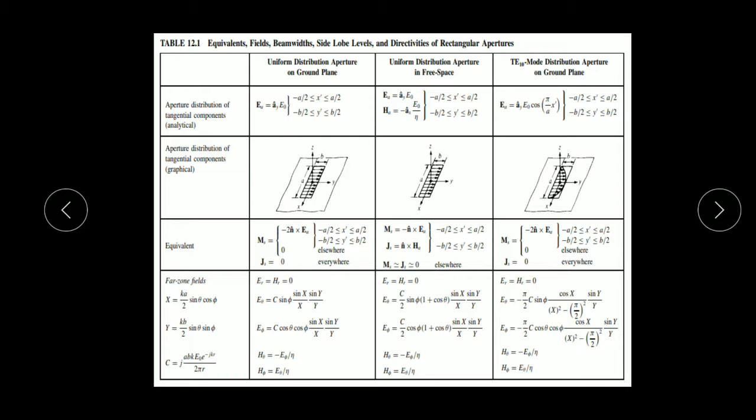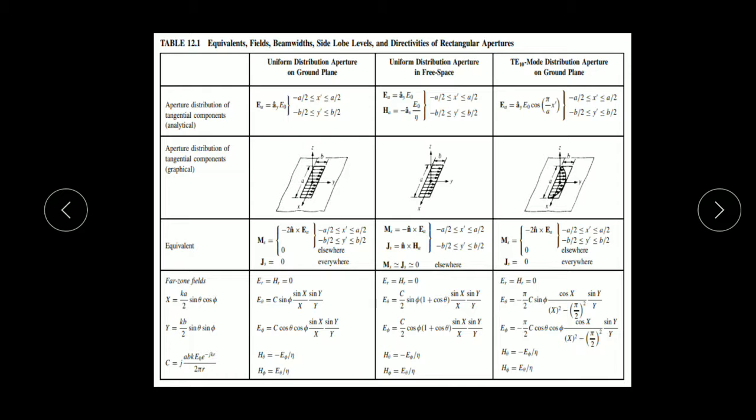So this is the field for the uniform distribution aperture. Similarly for the uniform distribution aperture in free space, this is only the aperture, not including the ground plane, so this type of component only.